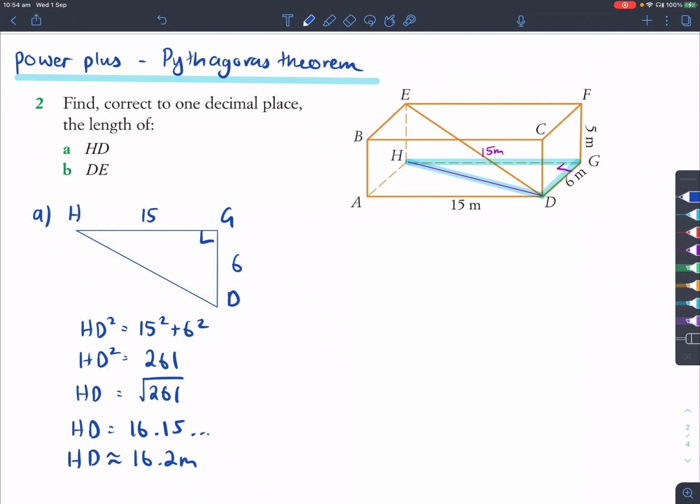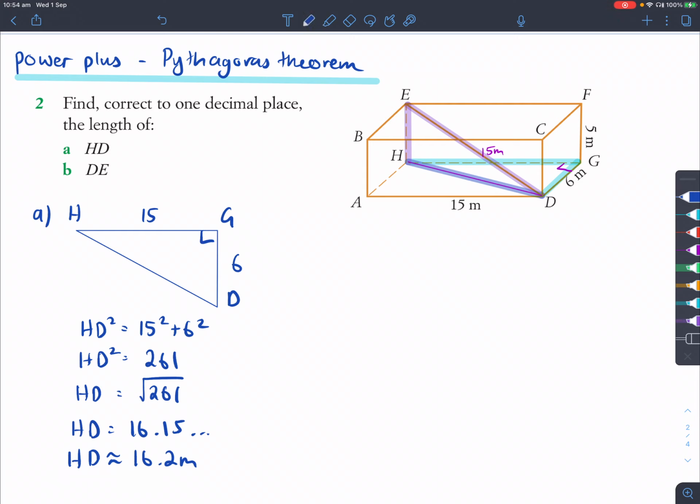Now, if I wanted to find out DE, which is this line here, I'll just make this less thick. Yep, DE. Can I create a right angle triangle using that purple line as an edge? I can actually do that. So I'm going to use this line here, EH, as well as this line here, DH or HD, which we found already.